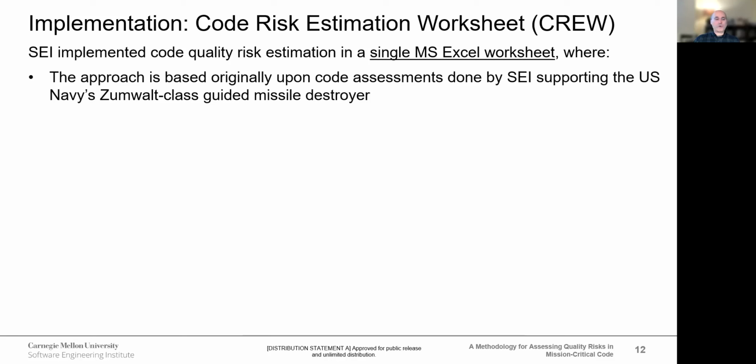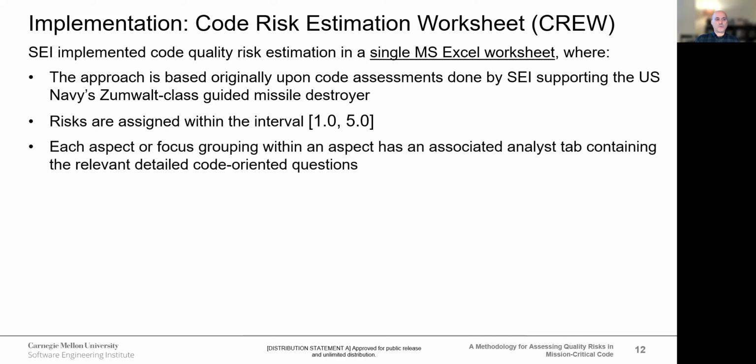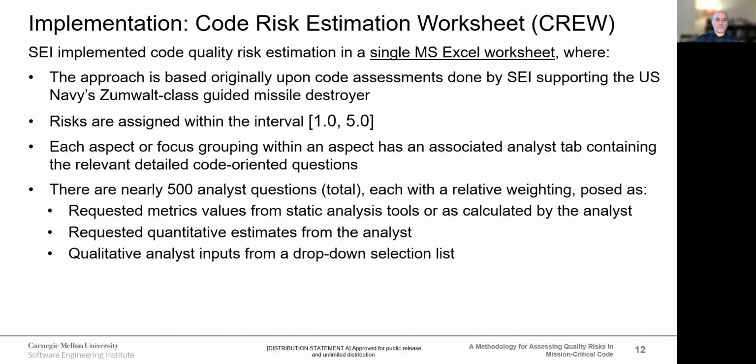Some of the overview points on CREW: it was originally based upon work that we did for the Navy's Zumwalt class guided missile destroyer. As I'd mentioned, risks are assigned within the interval 1 to 5, and each aspect and focus grouping within an aspect has an associated analyst tab containing relevant detail-oriented questions.